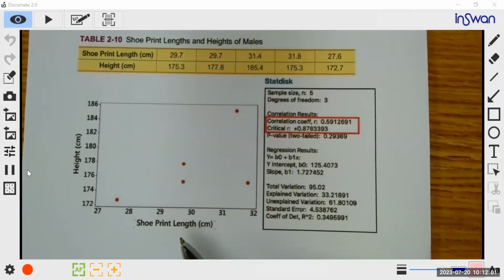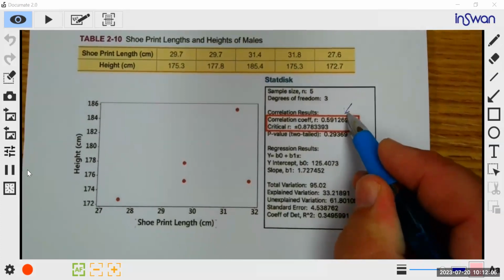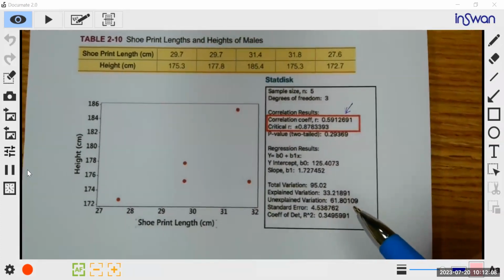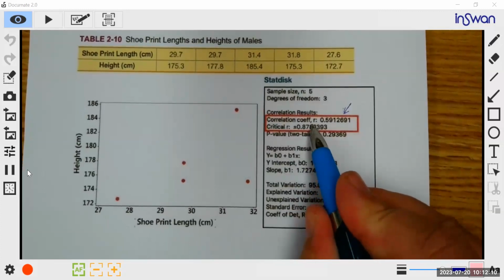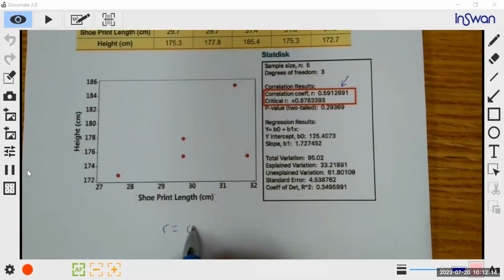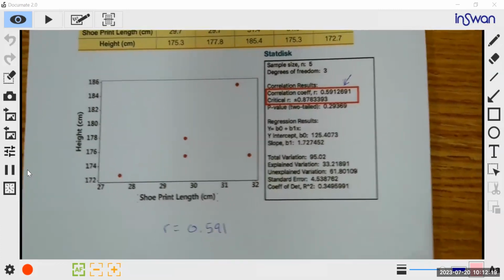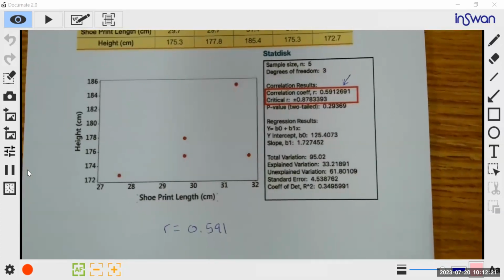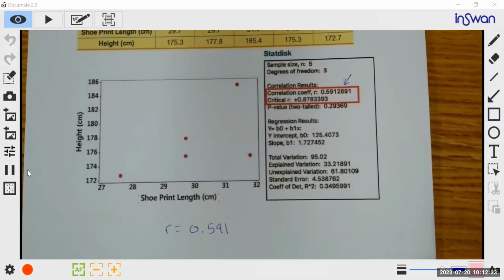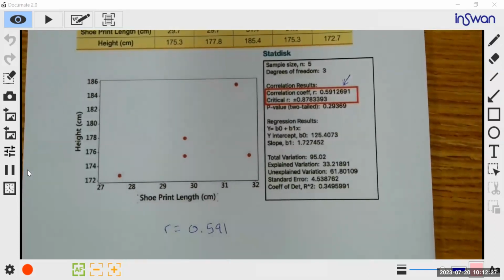The actual data set, using StatDisk, says that the correlation coefficient R is 0.591, which means that it's very spread apart, but there's a distinct positive pattern.